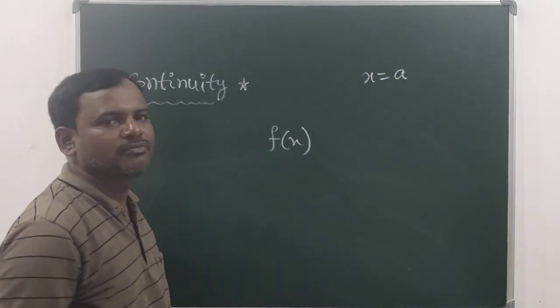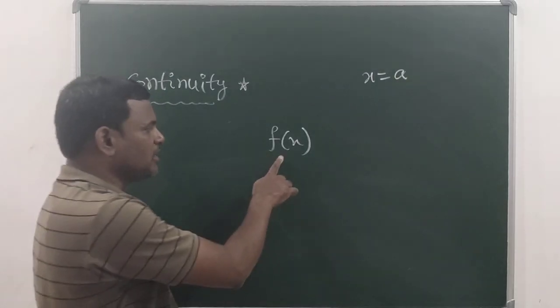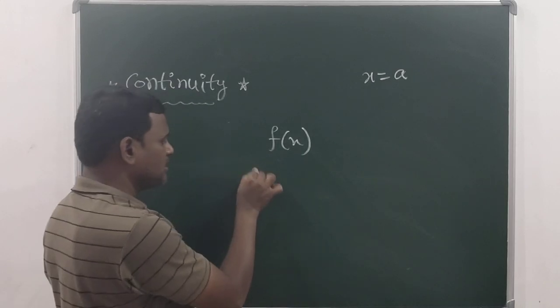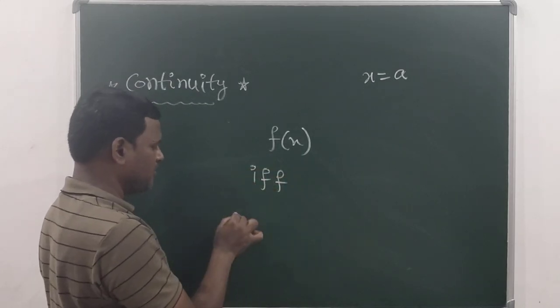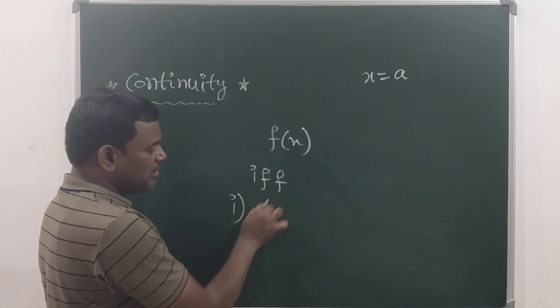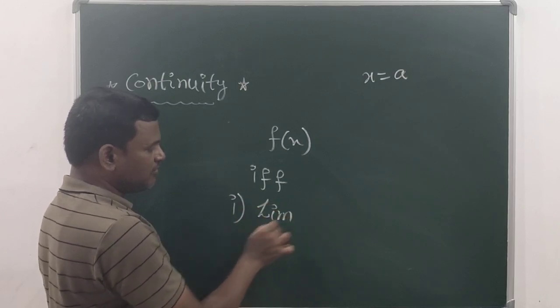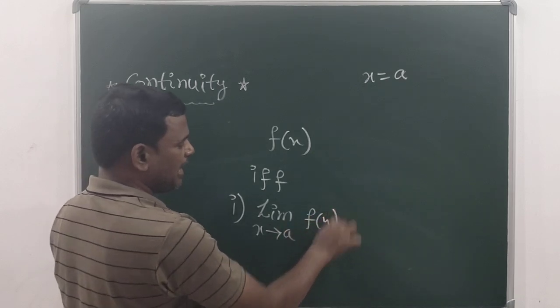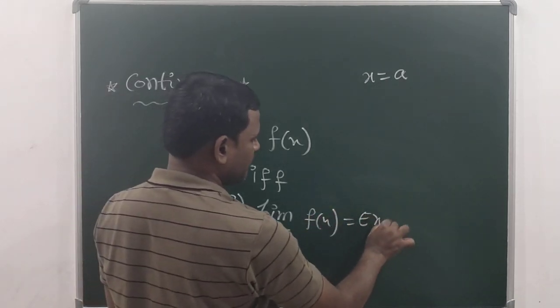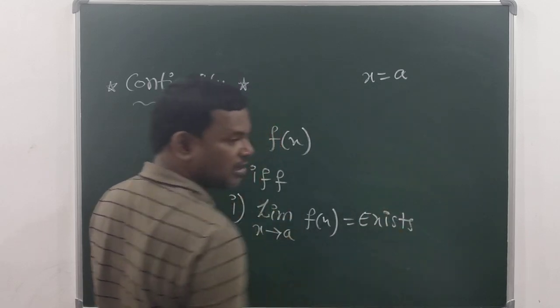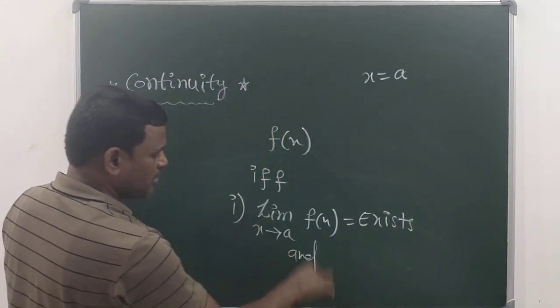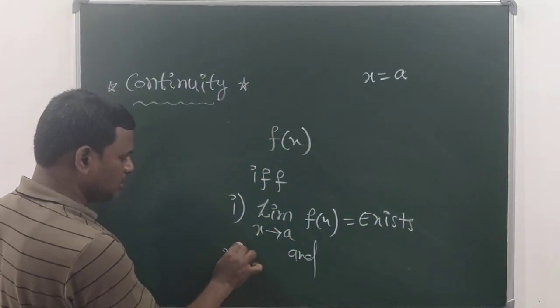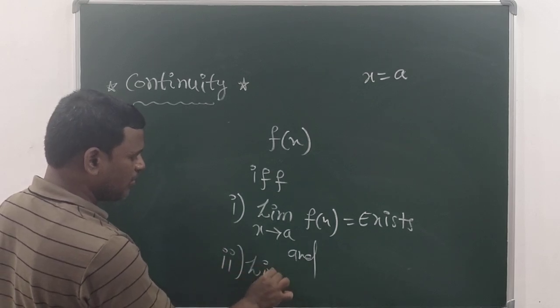When is it continuous at x equal to a? If and only if the limit of the function should exist, and also this limit of the function is equal to the value of the function.